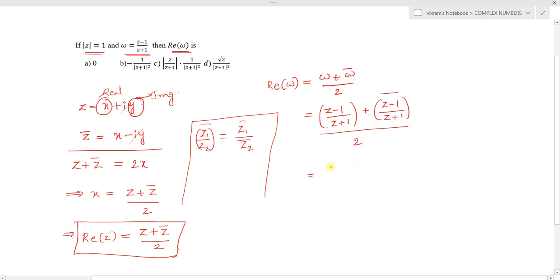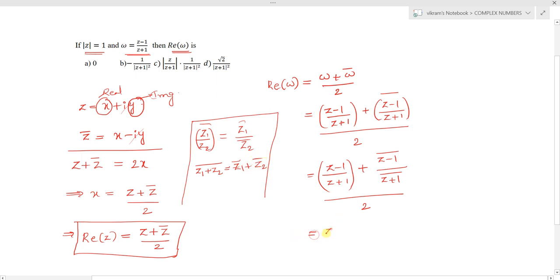Now we can write it as (z minus 1) by (z plus 1) plus (z minus 1) conjugate by (z plus 1) conjugate, by 2. And we have another property. What is it? (z1 plus z2) whole conjugate can be written as z1 conjugate plus z2 conjugate.